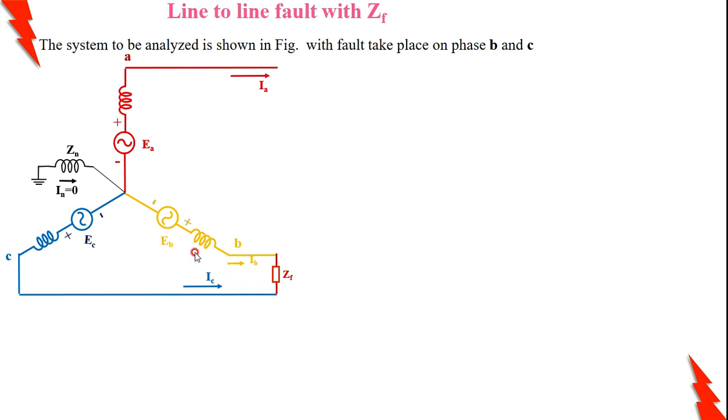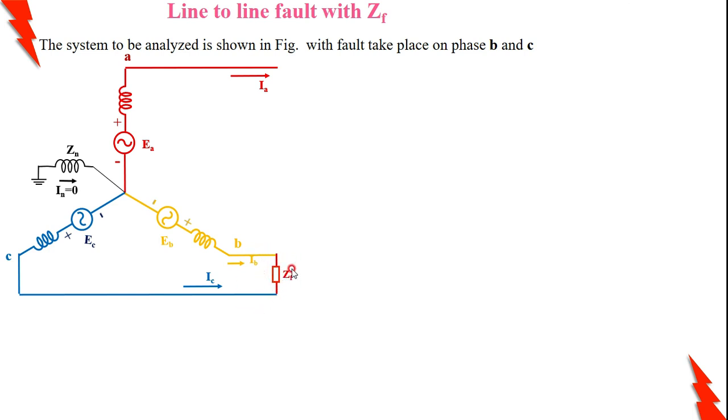And the third condition, you can look here: the terminal voltage across phase B is VB and across C is VC. Therefore, there is a difference between VB and VC.